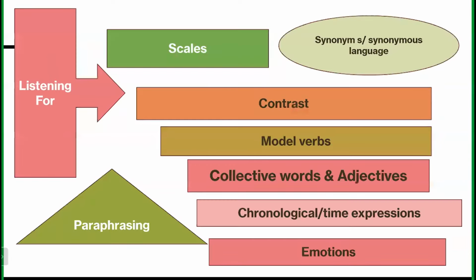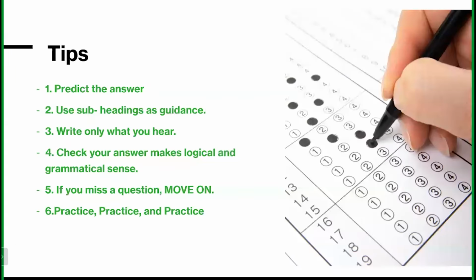And then what we are going to listen for, in Edu Skill they all know: scale, synonymous language, contrast expressions, modal verbs, collective words, adjectives, paraphrasing, chronological and time expressions, emotions. These are the things we have to listen for, read for. These are the basic things we have to practice. And now moving on to the tips. First tip, predict the answer.